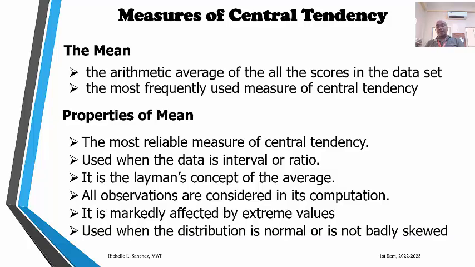That is an example of an extreme value. And then our mean is used when the distribution is normal or not badly skewed. So these are some of the properties of our mean.